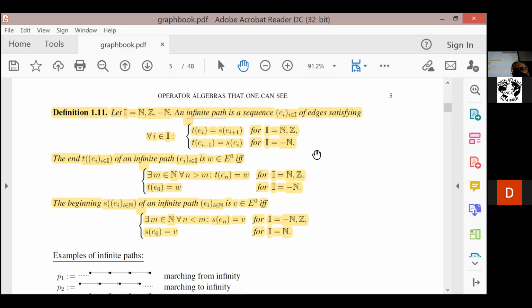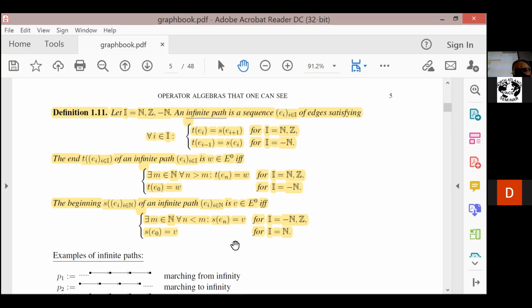So in a way, you basically end your path with a loop, and then you twist around it infinitely many times. When you take minus natural numbers, then you don't have to have such a condition, because as I told you, the end of a path which goes to minus infinity, which sort of walks backwards, is of course the end of its last edge, which is e0.